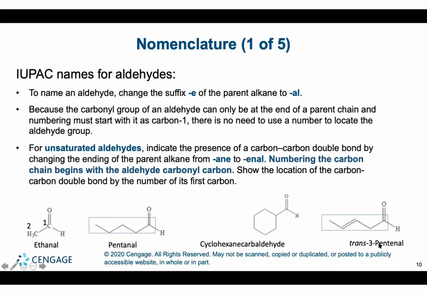It's going to be pentenal. And of course, we should emphasize the double bond, right? It's on carbon 3: 1, 2, and 3. On carbon 3, I have a double bond. It's going to be 3-pentenal. And here is a trans. If they ask you to write it down, it's going to be trans-3-pentenal.